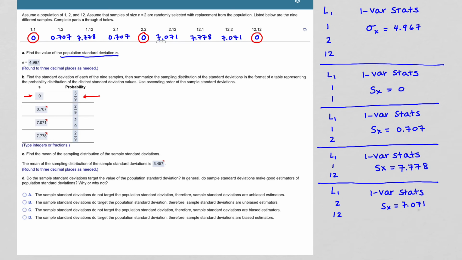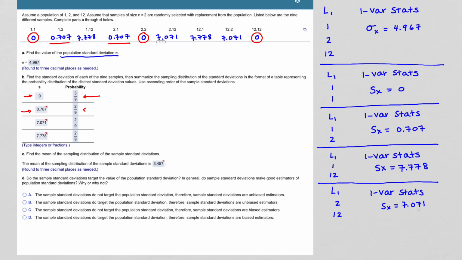And then I go to the next smallest value. And when you do this in the homework, they give you a little drop down. So they're not going to let you put in 7.778 for the next value. You're going to have to go with the next smallest one. So that's going to be the 0.707, and that goes in the second spot here.